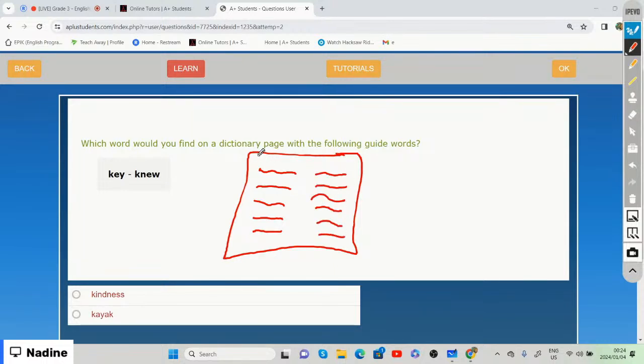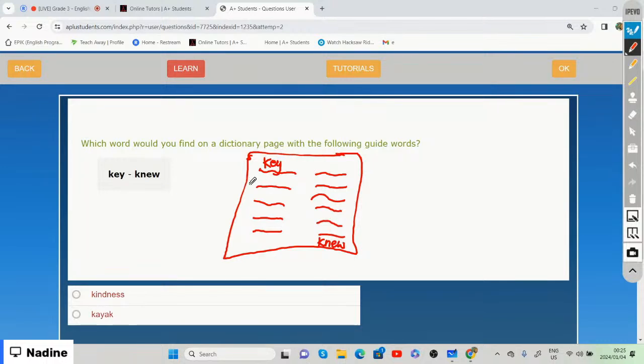If this is page 5 in the dictionary, then you'll find the first word on the top of the page, and you'll also find the last word at the bottom of the page. We call these guide words. On each page, there will be a different word on the top of the page as well as the bottom of the page. We call that guide words, the first word as well as the last word.